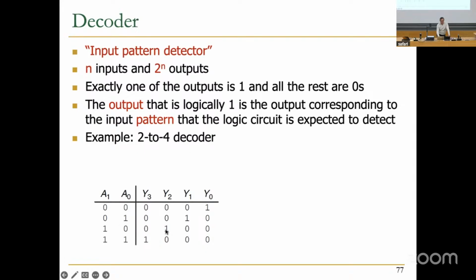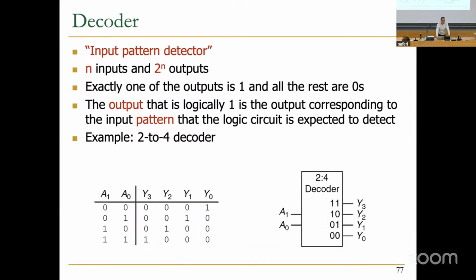And Y2 is 1, and only Y2 is 1, only if A1, the two inputs are 1, 0, and Y3 is 1, only if A1 and A0 are 1, 1. Now you can see that if Y0 is raised as an output, you know that the input pattern is 0, 0, right? Now you have basically decoded the input pattern. Make sense? Okay, that's good.